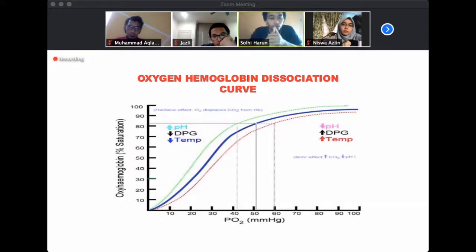So in this curve, I want you to focus on one curve. For example, the blue curve is the normal one. At the higher PO2, this usually represents the lungs, where we have a very high PO2. So at very high PO2, we have a very saturated hemoglobin.